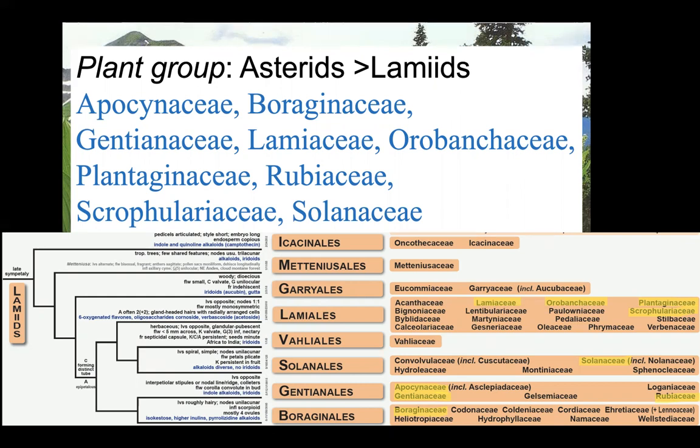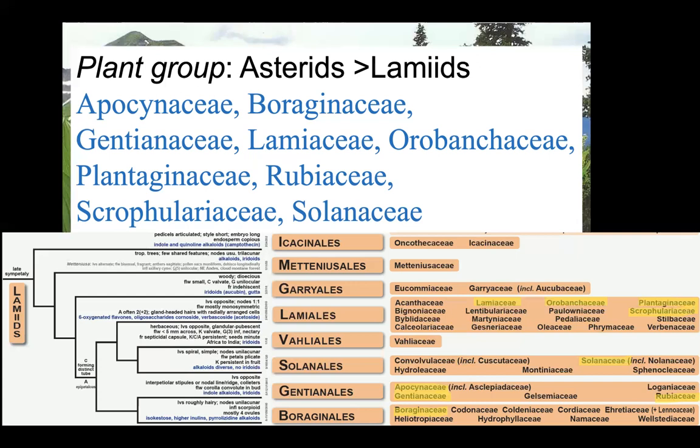Big in the tropics would be the Acanthaceae, Gesneriads, the African violet group, and Oleaceae, the olives. In some of the other orders, what do I like? Convolvulaceae, the morning glories, which we're not really covering.